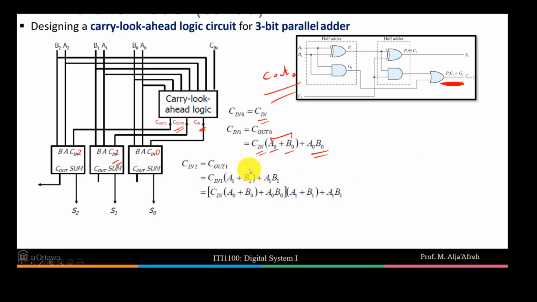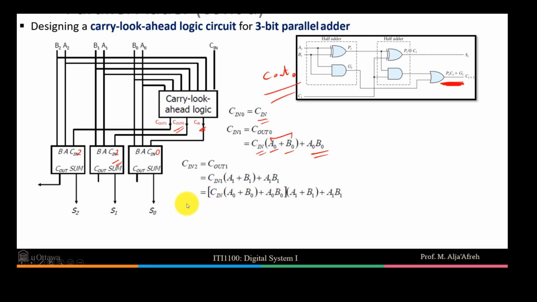How did we calculate Cn1? We calculated Cn1 as Cn AND A0 OR B0, plus the AND between A0 and B0. But Cn1 we already calculated in terms of the inputs, so we can replace this Cn1 here, and then we get this expression.